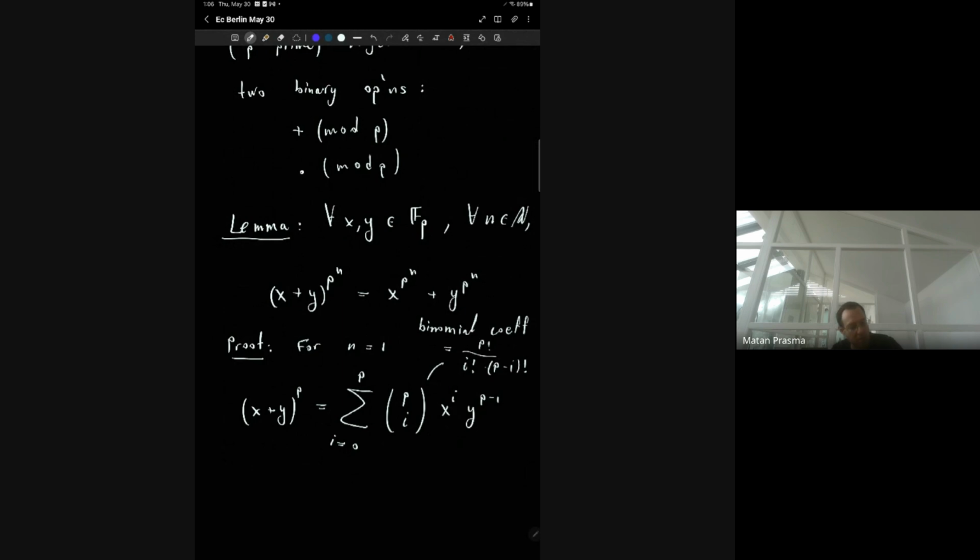It does not depend on the fact that p is prime. You can put instead of p any integer k. Just think of it: if p was 2, then when you do x plus y squared, you have a term with xy, and the coefficient of xy is 2.